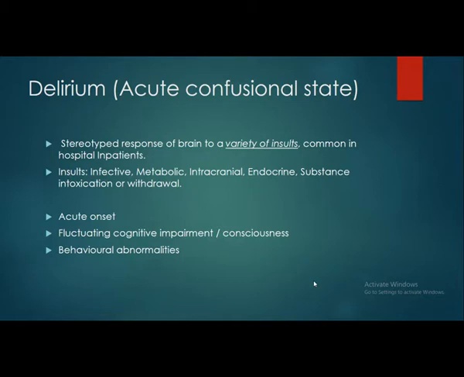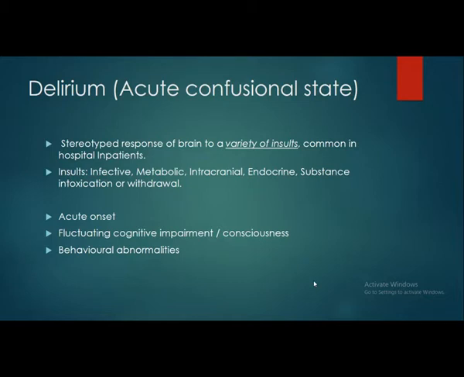Besides that, you also need to keep in mind the following three points: delirium always has an acute onset, and there is fluctuating cognitive impairment, or you can say fluctuating consciousness. At one moment you'll see that the patient is responding fine, responding to your commands, talking.